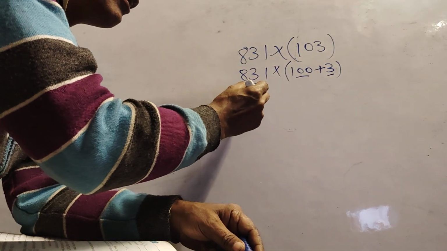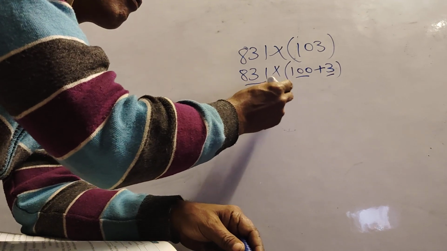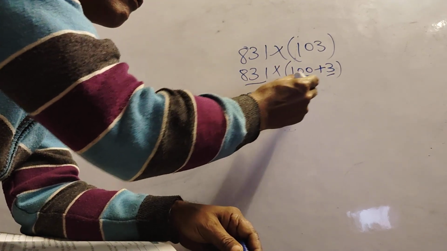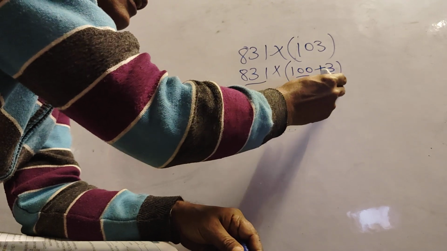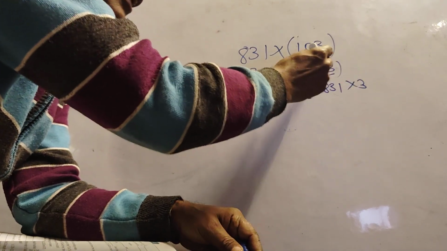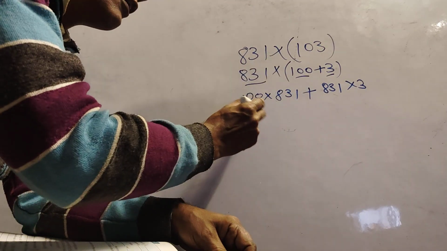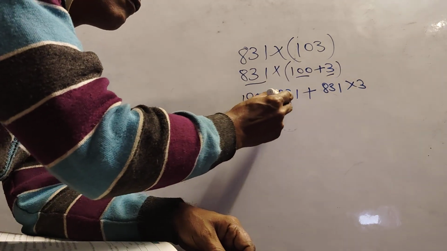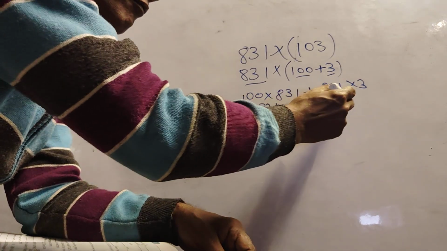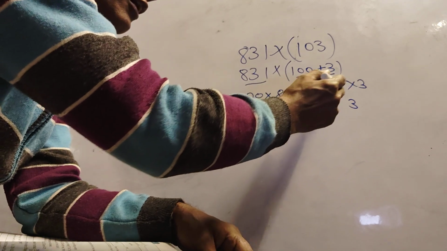First we write 100 multiplied by 831, then 831 multiplied by the second number 3. So first we get 83100. Then we multiply 831 with 3.